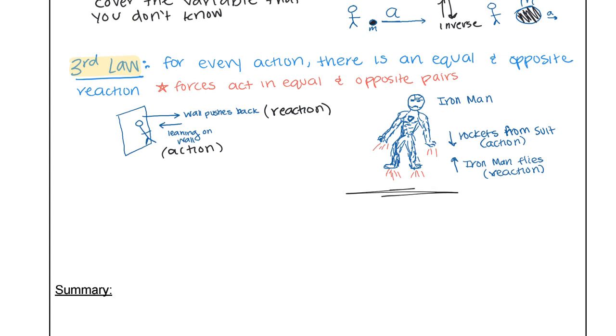But he flies because that air is hitting that ground, and that air is exerting an equal and opposite force that causes him to fly upward. So we've got our action and we've got our reaction. His action is shooting those rockets down toward the ground, and his reaction is that he flies. So another cool application of Newton's third law of motion.